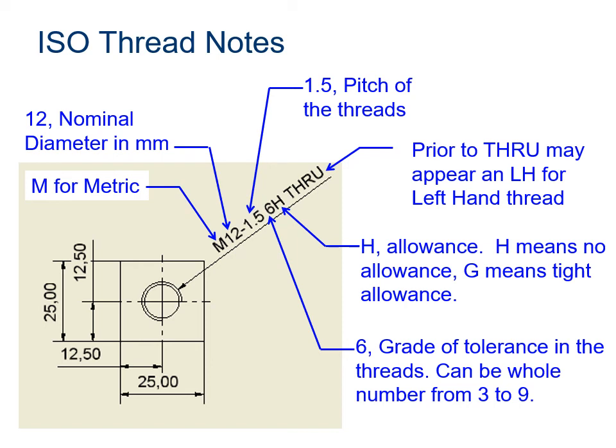The allowance gives you an identification for how tight those threads are going to fit. And then the last thing that you see on there is whether or not it goes through, or LH could be there for left-handed threads, and the left hand could be in either the ANSI or the ISO.